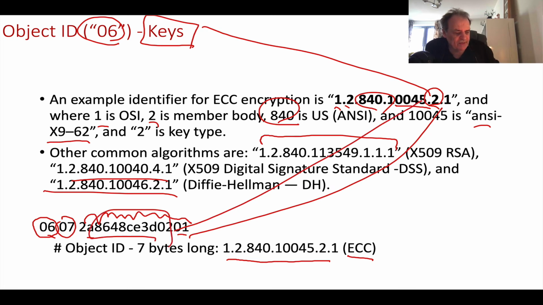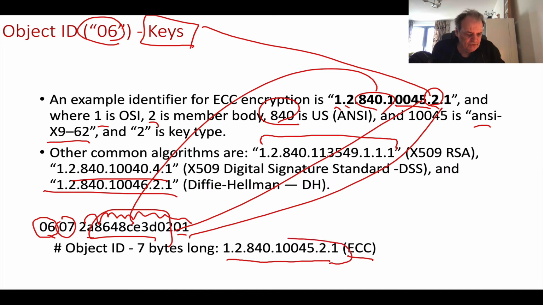It's not so easy to see the other parts because of the way that they're compressed, but we can use a Python program to interpret that string to get the object identifier. So in this case, we're using this one, which identifies we're using elliptic curve cryptography and not DSA or Diffie-Hellman.